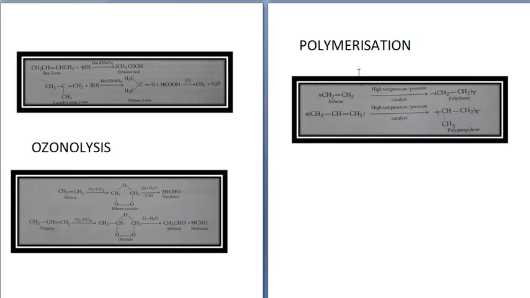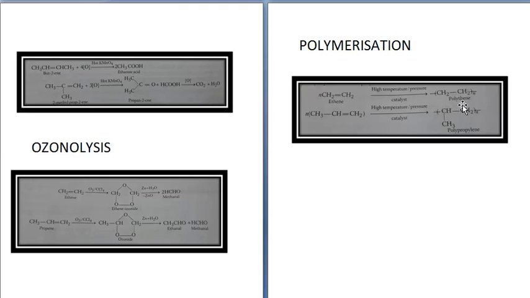Next is polymerization. Simple molecules called monomers undergo combination in the presence of high temperature, high pressure and a catalyst, by a process called polymerization, to form large molecules called polymers. Like n CH2=CH2 at high temperature and pressure in the presence of a catalyst gives you (CH2-CH2)n.